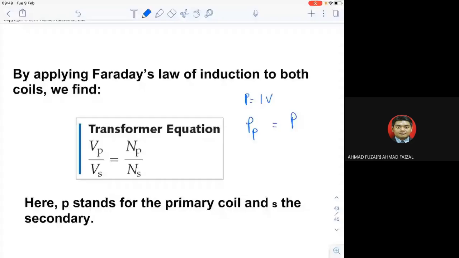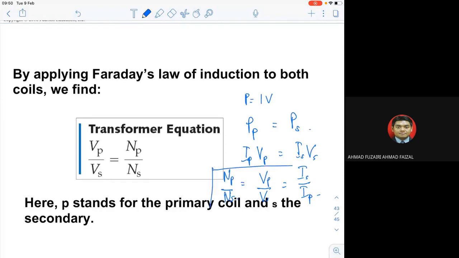So IP VP equals IS VS. We make it simple like this. And then if you want to know VP over VS, it will be equivalent to IS over IP. And the number of turns is NP over NS.